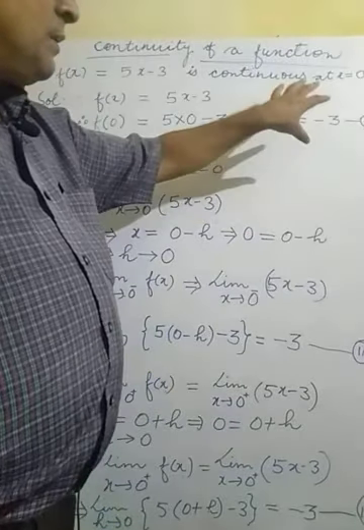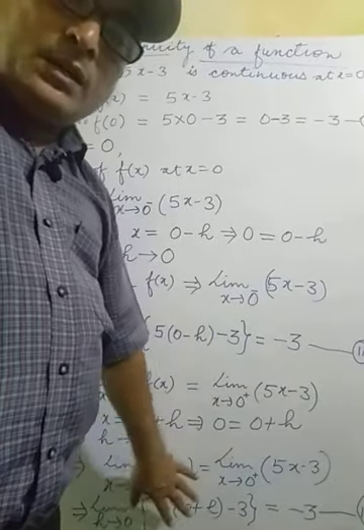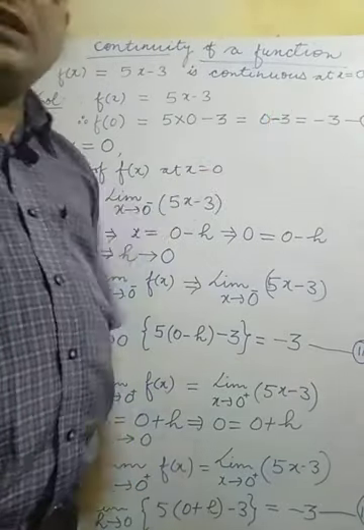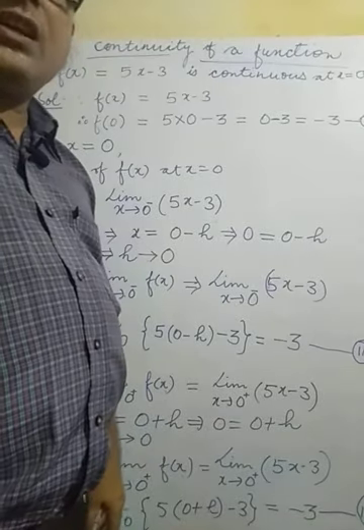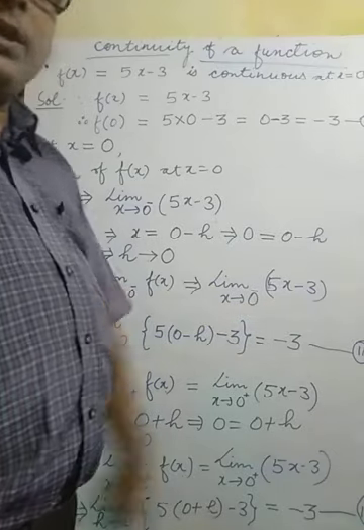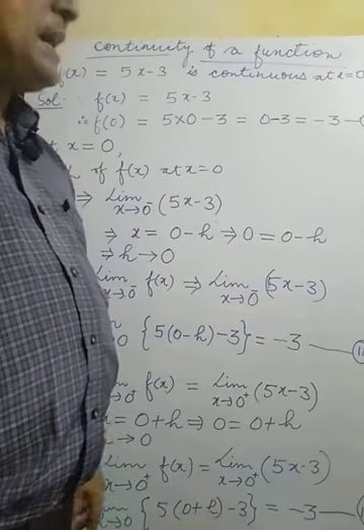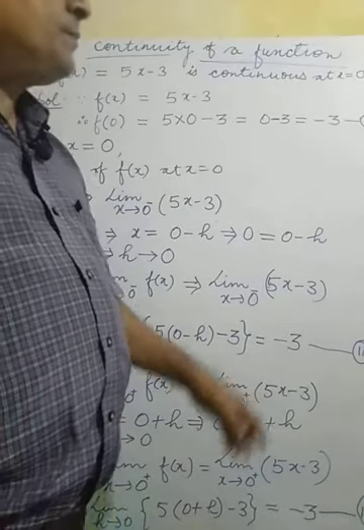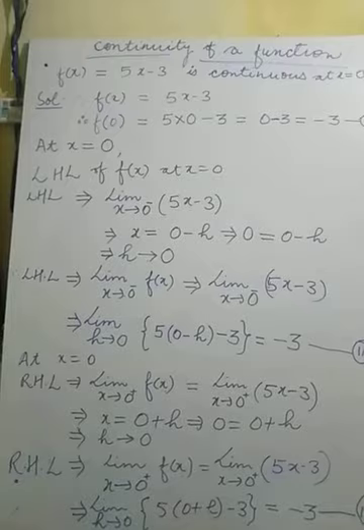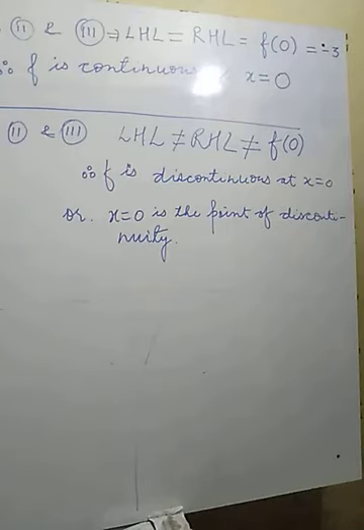Suppose left hand limit is not equal to right hand limit, the function is discontinuous at that certain point. The point of discontinuity would be decided on the basis of when left hand limit is not equal to right hand limit. You may observe from there. Now you may observe here, equation number 1, equation number 2, equation number 3 imply what?